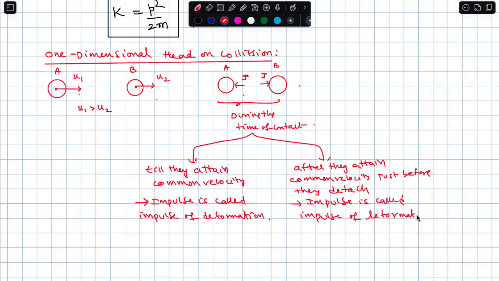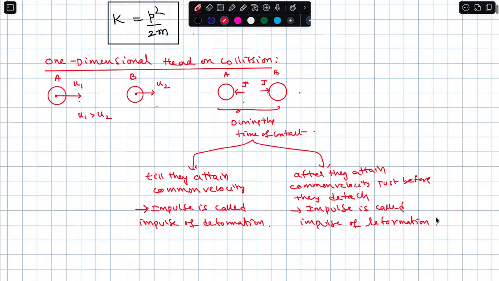Two things you will notice: impulse of deformation, impulse of reformation.